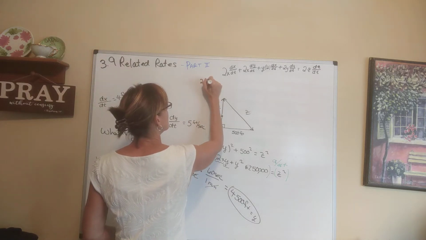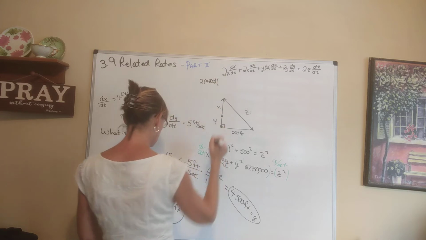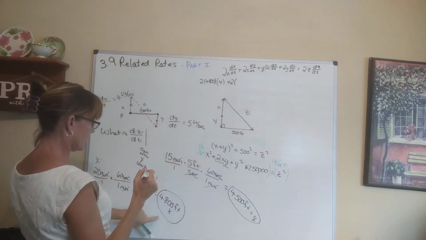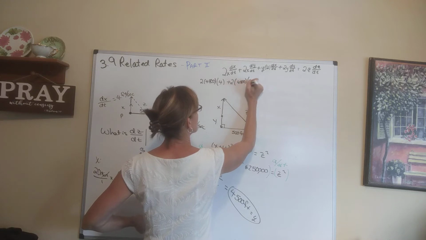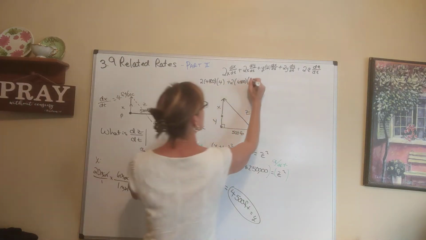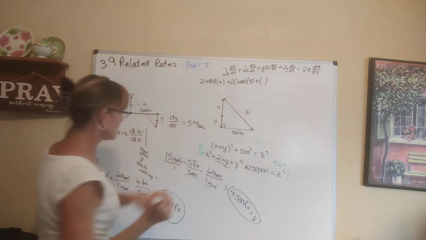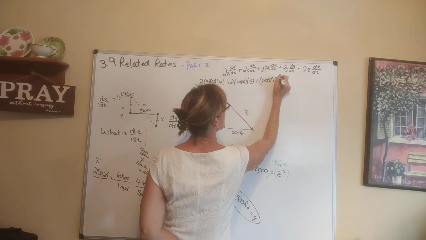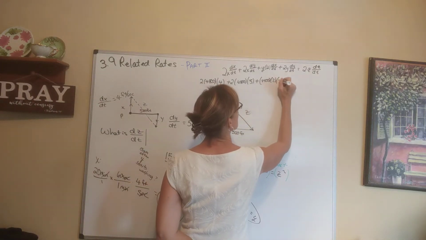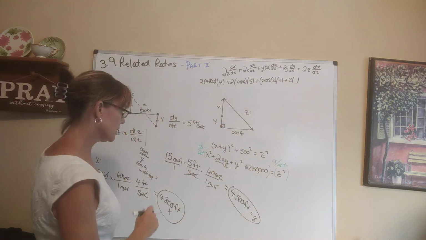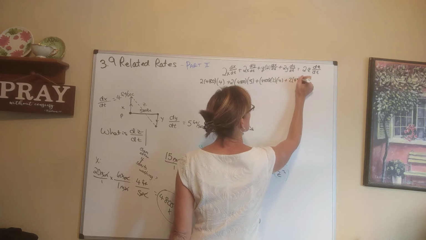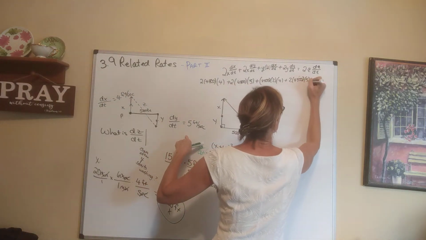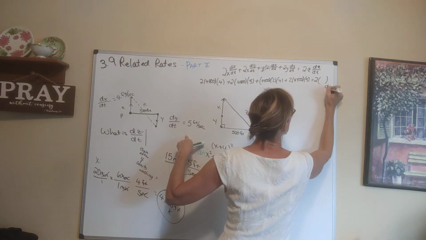So we have 2 times 4,800, and this is feet, times dx dt, which they told us was 4, plus 2 times x, which is 4,800, times dy dt, which they told us was 5, plus y, which is 4,500, times 2 times dx dt, which they told us was 4, plus 2 times y, which is 4,500, times dy dt, which is 5, is equal to 2 times z times dz dt.